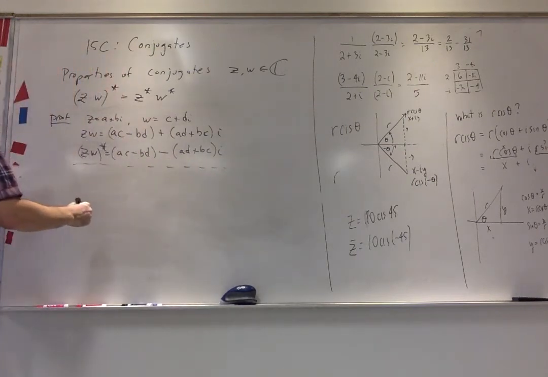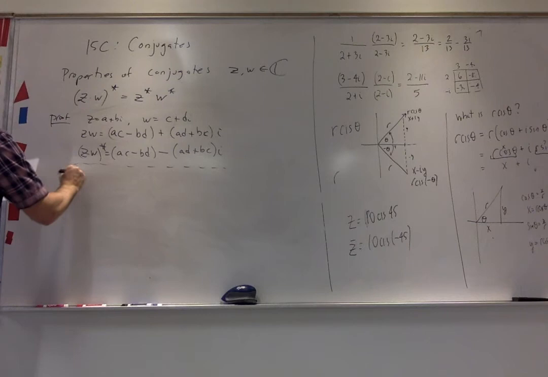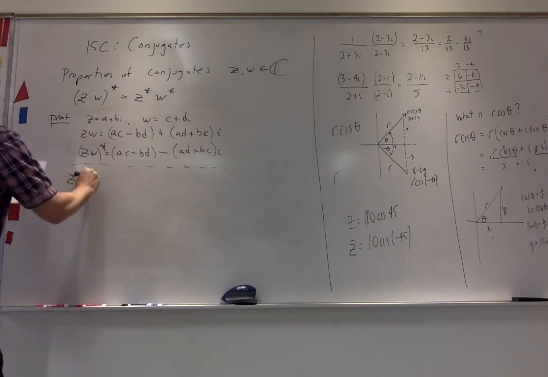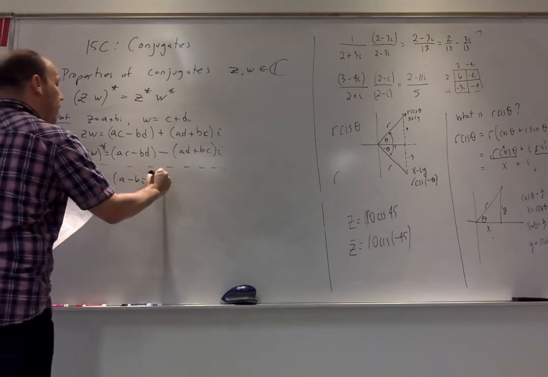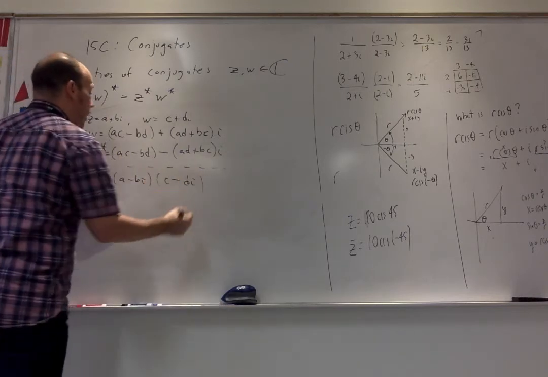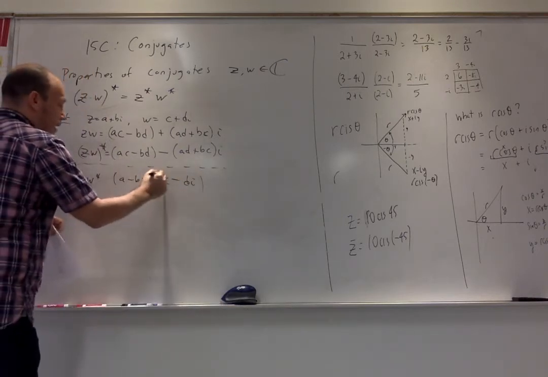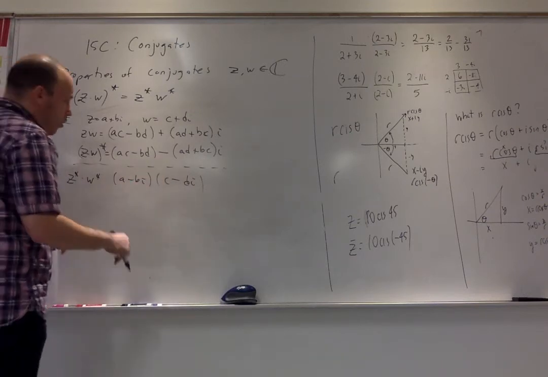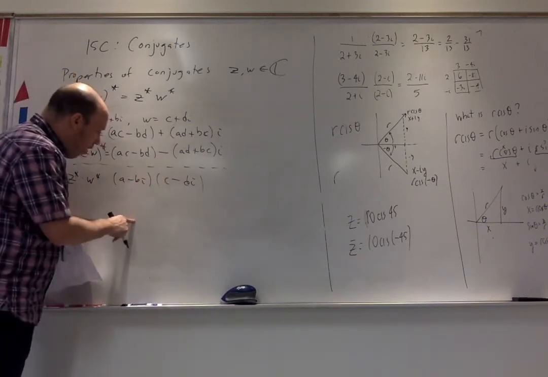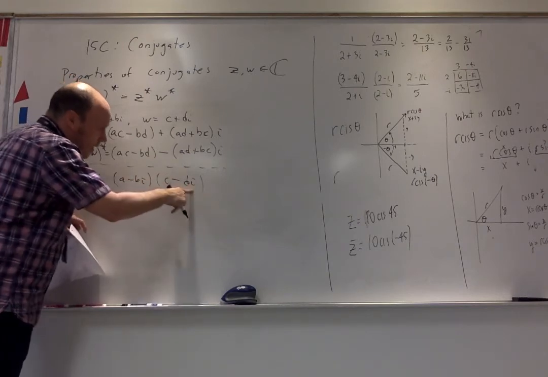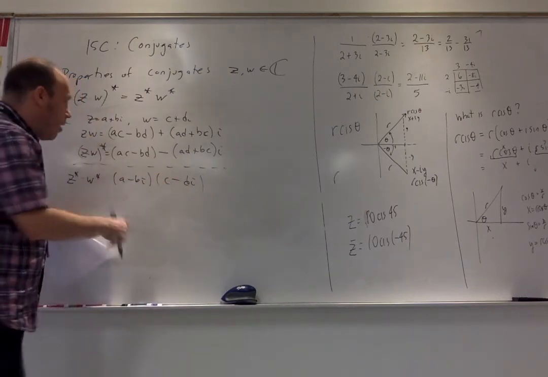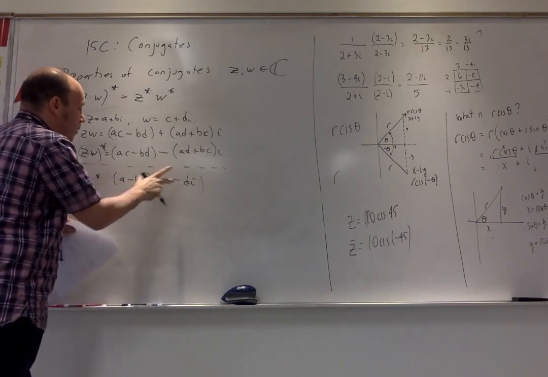Now let's see what Z conjugate times W conjugate is. That's A minus BI times C minus DI. Well, I want the real parts. The real parts are A times C, and the BI and the DI, because the negative times the negative becomes positive.